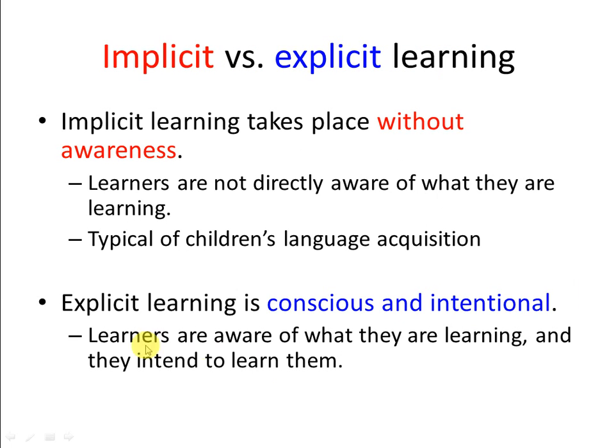And explicit learning is conscious and intentional. So learners are aware of what they are learning, and they intend to learn them. They try to learn them intentionally. They have the will, they have the intention to learn them. And they are of course aware, they are conscious. They know what they are learning.